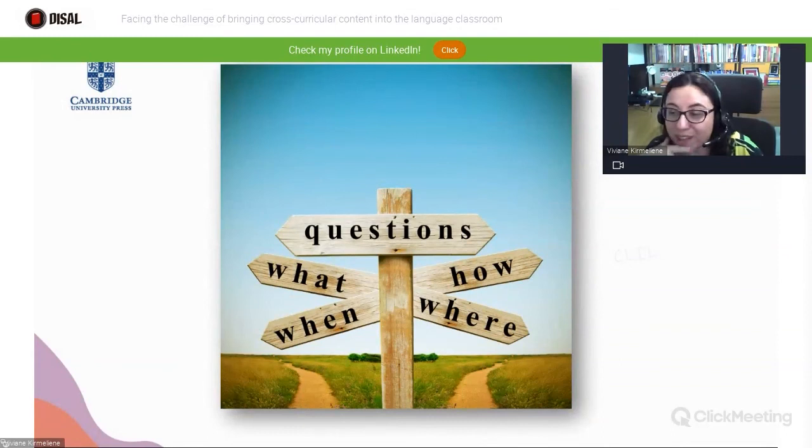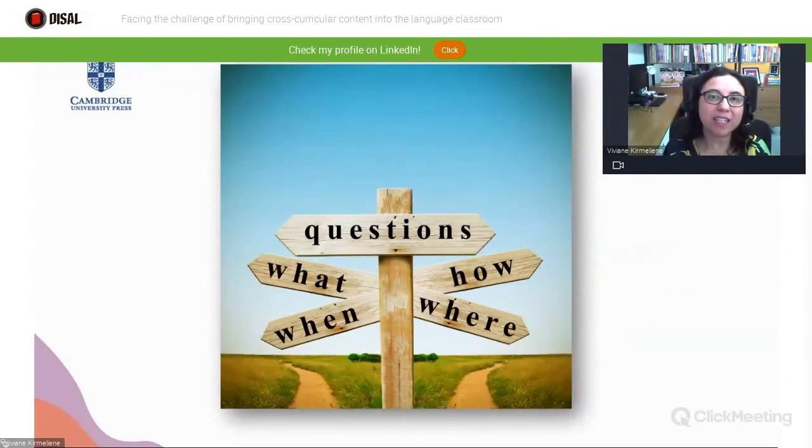Interesting question. What about evaluation with CLIL? Do you take into consideration the school curriculum when performing it? Yes, I think if you're running a CLIL program and you're assessing your students, you have to assess language and content. Okay, this is Viviane's opinion. This is my opinion. You should assess language and content, not only language.